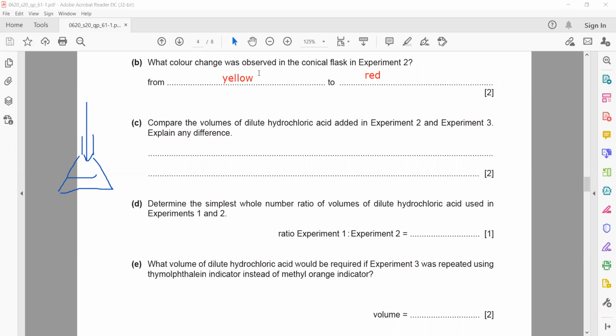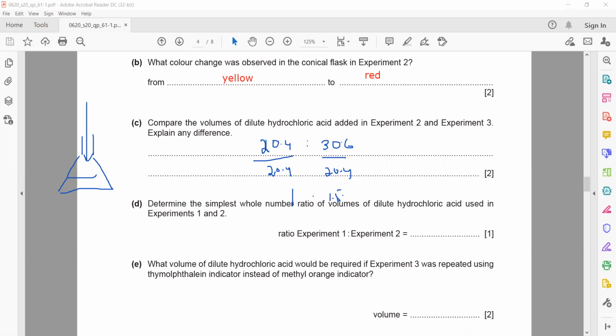Compare the volume of hydrochloric acid added in experiment 2 and experiment 3. So when we compare the values, you have to take a ratio. In experiment 2 it was 20.4 and in experiment 3 it was 30.6. If I take the simplest ratio, I divide by the smallest value, 20.4, so it will come out 1:1.5.